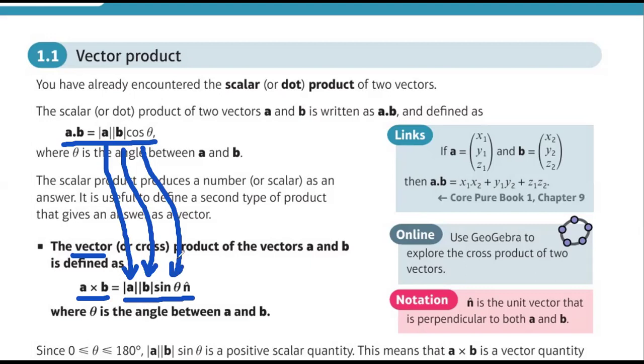Not only that, we have to multiply by n. What is the n? n is also a vector perpendicular to vector A and vector B. Theta is the angle between vector A and vector B.